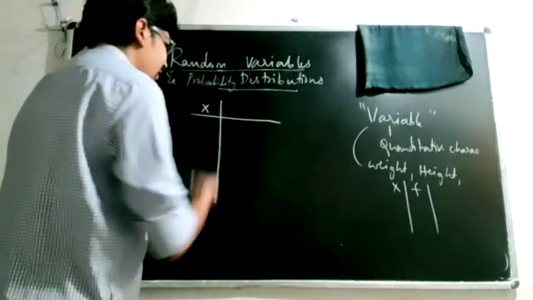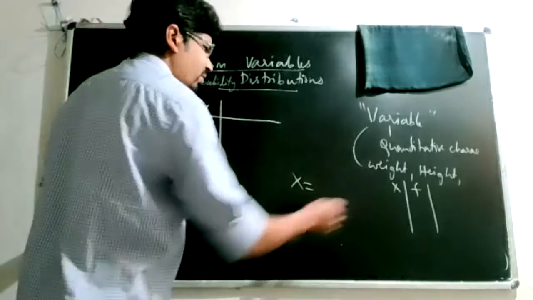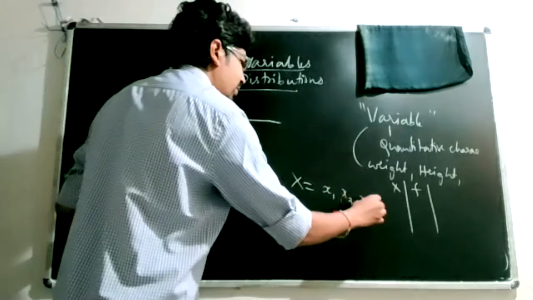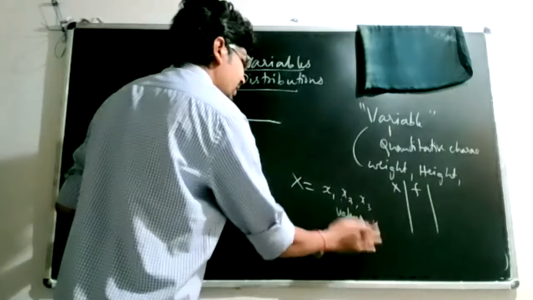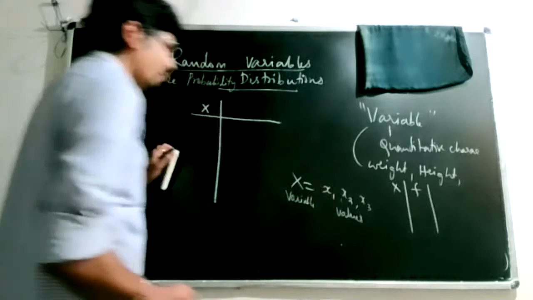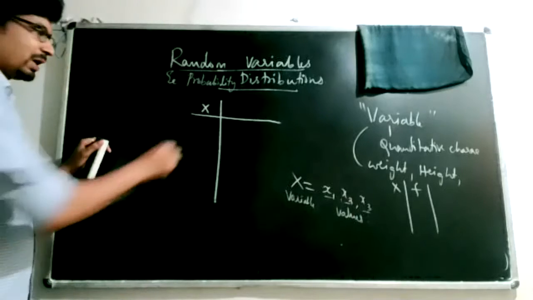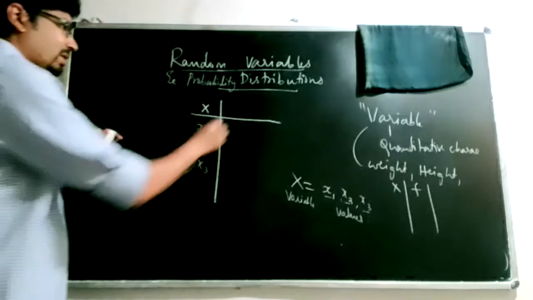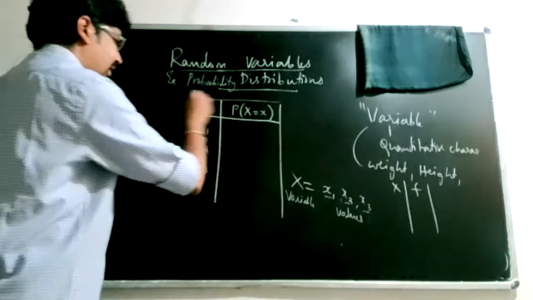To be precise, we are observing that our x is taking several values 0, 1, 2 and so on. And generally, we use the small letter x to indicate the values taken by the random variable, and this is our random variable. So if I have three values taken by the random variable, say x1, x2, x3, then the distribution of this is simply given in the general form like this.